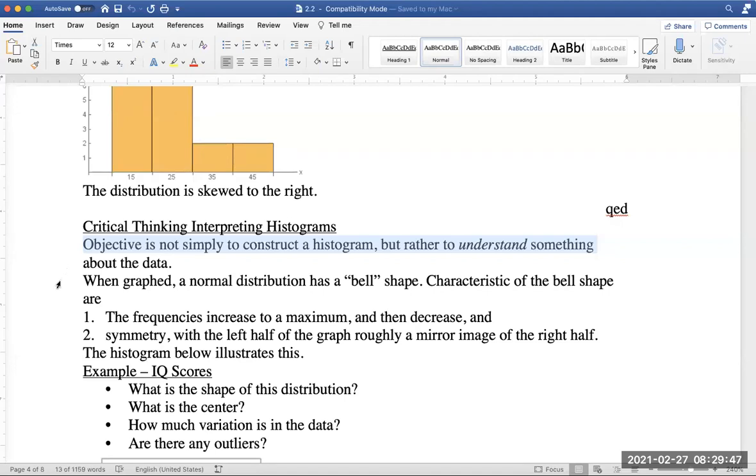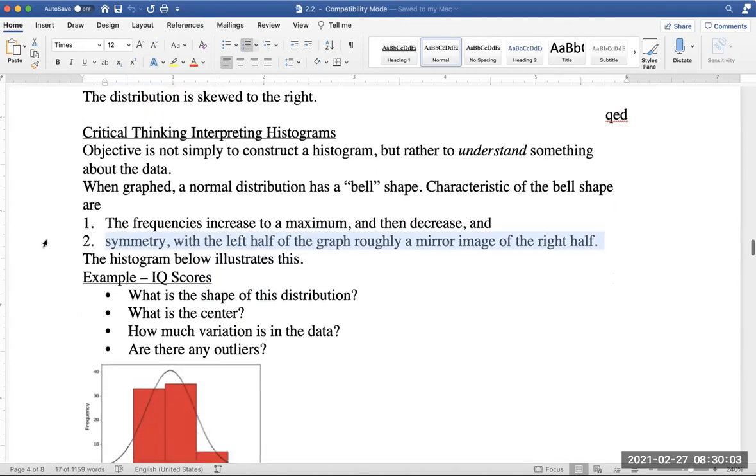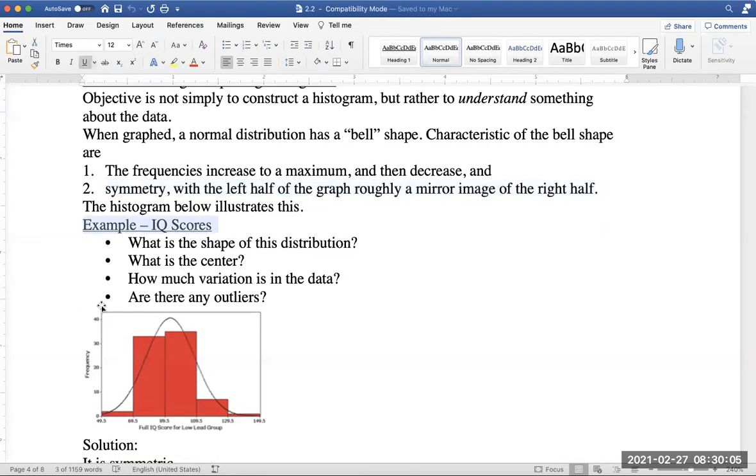When graphing a normal distribution, it will have a bell shape. The frequencies increase to a maximum and then decrease. They're symmetric. The left half looks like a mirror image of the right half. So let's look at IQ scores. If I look at my IQ scores, they have the following histogram, and they more or less have this type of shape.